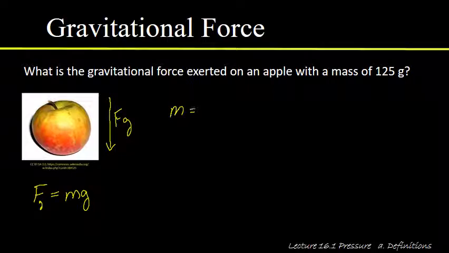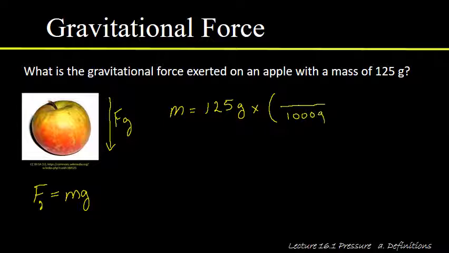The mass here was given to us in grams, so we need to do a little conversion. Our mass is 125 grams. We'll do a little metric conversion. There are 1,000 grams in 1 kilogram.